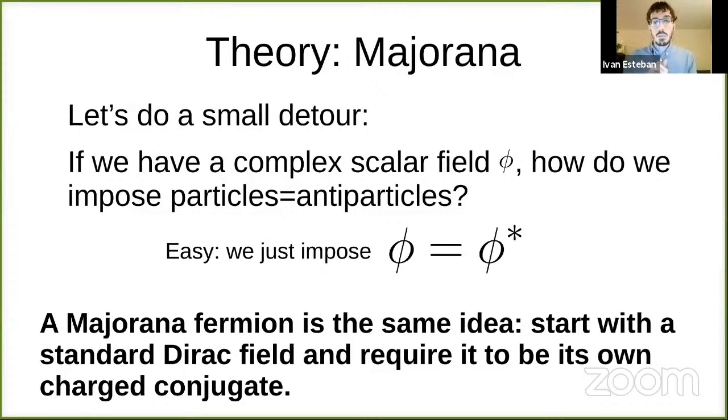Now, for fermions, it is not as simple as for scalars, because for scalars, the charge conjugation, that is the operation that takes a particle and converts it into its antiparticle, is just the complex conjugate. But for fermions, it is slightly more involved, because fermions are described by spinors, which are 4-component vectors.